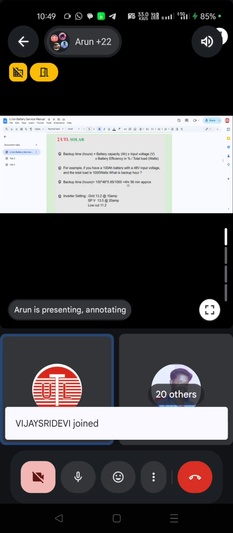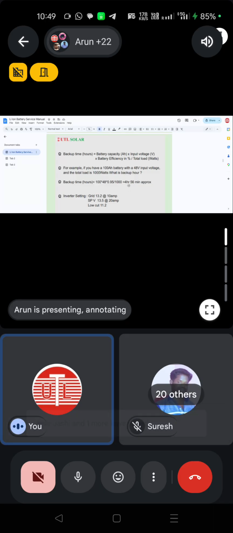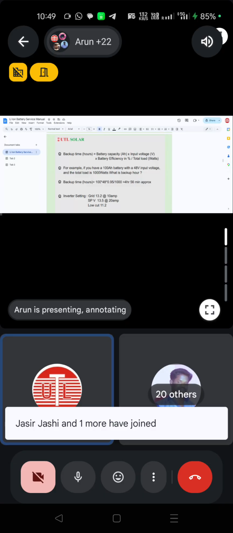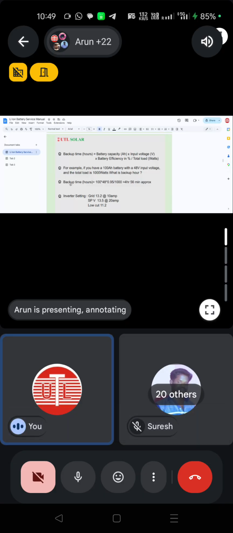So you can calculate 4 hours and 56 minutes approx. It's the backup time. All the engineers must know this formula. If anyone has any question or confusion, you can ask.